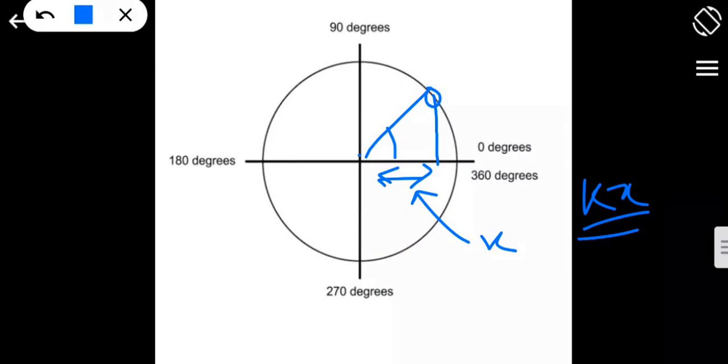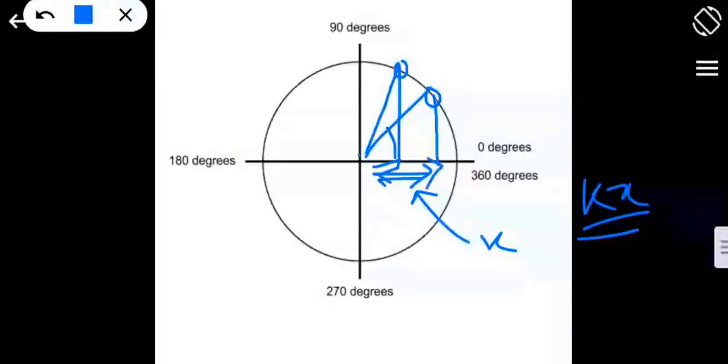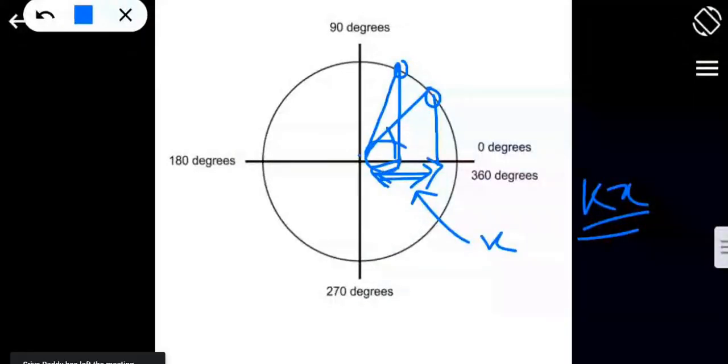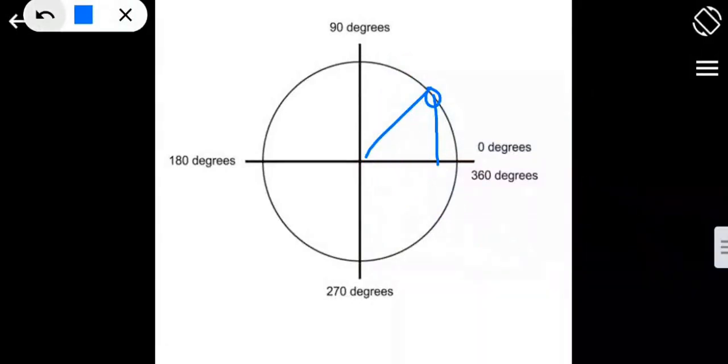If this particle goes to this point by making an angle omega t, then this is the reverse case we are going to observe. Previously the distance was like this. Now the distance is decreased, but your angle is increased.